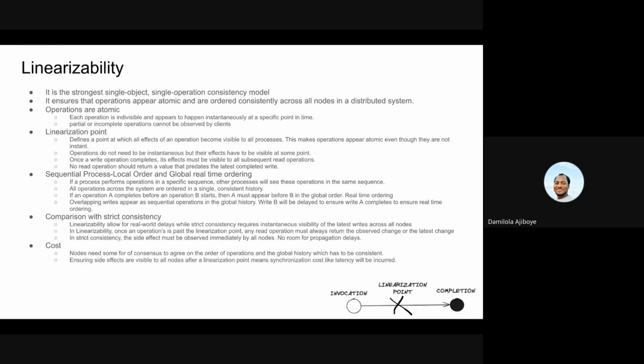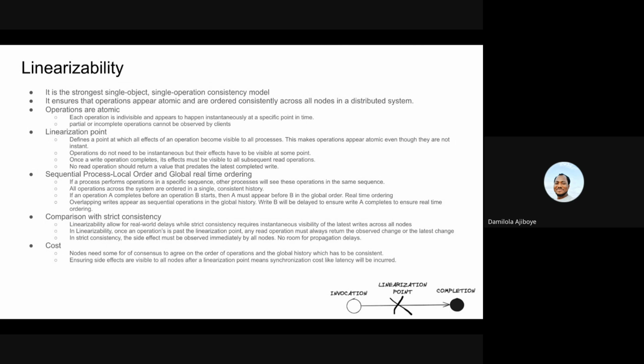A single object can just be a particular data item or variable. And single operation means we're only looking at single operations. We're not looking at the consistency across a complex set of operations.